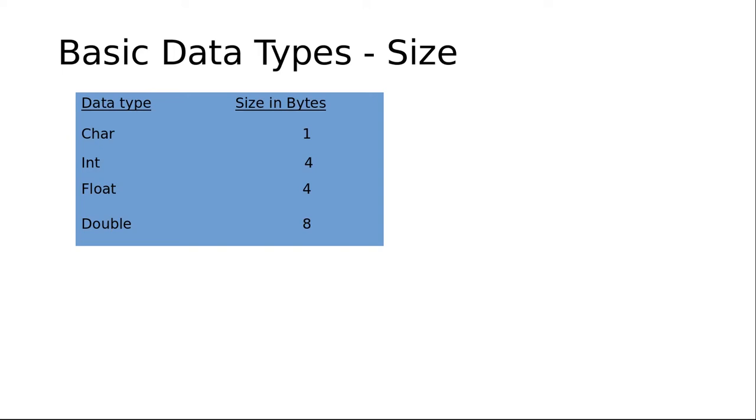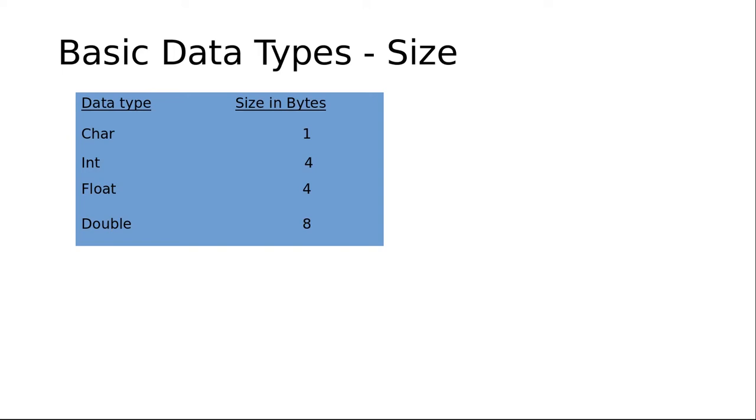On 16-bit machines it is again 2 bytes. On any 32-bit machine or a 64-bit machine, it is 4 bytes. So the size of an integer depends upon whether you're working on a 16-bit, 32-bit or 64-bit machine. Remember, the smallest size of an integer is 2 bytes and the largest size is 4.